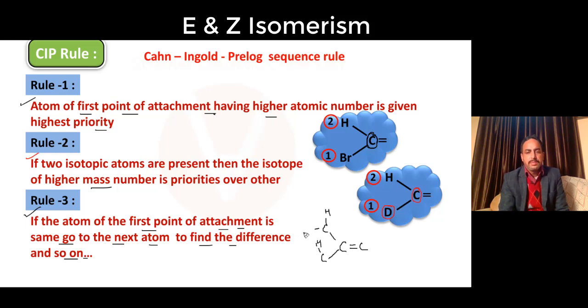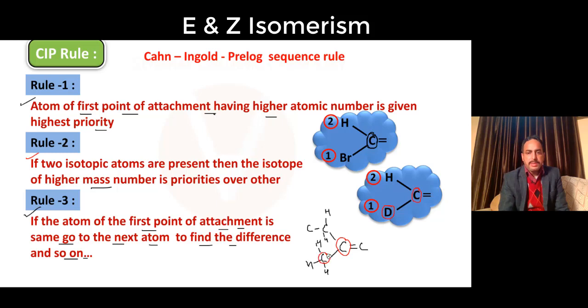This is again the same, so we check the next atom. Like this, these are hydrogen atoms, and here again carbon, and so on. Suppose we take hydrogen here and carbon is attached here. See, this is a double bonded carbon atom.